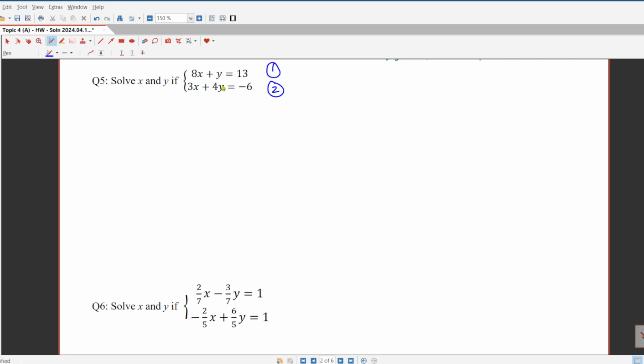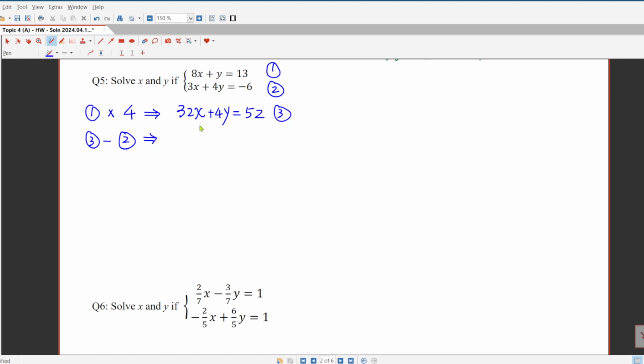And again, I think elimination method works better, right? So we could use equation number 1 times a constant 4 to both sides. This will give us 32x, then plus 4y equals the right side is 52, right? And call this equation number 3. Then you can use equation number 3 minus equation number 2.